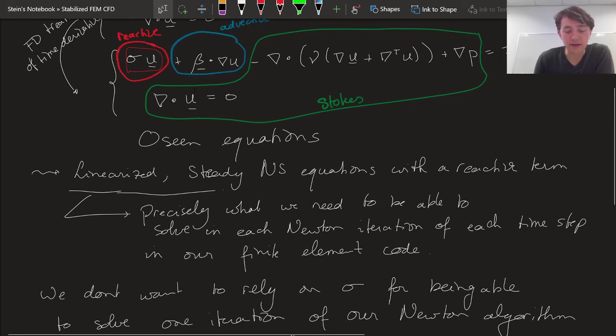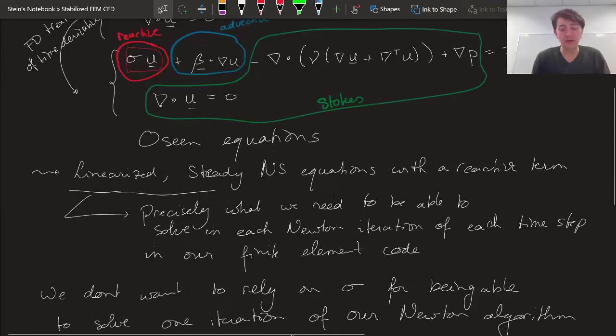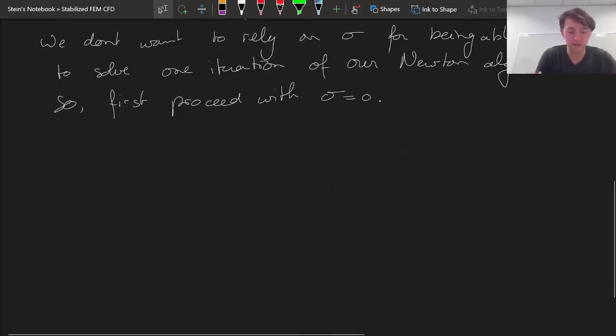So we're killing the reactive term here. We only have the advective and the Stokes terms left. And let's produce a weak formulation for that remaining problem. Again, we have a solution field that comprises a velocity field and a pressure field.